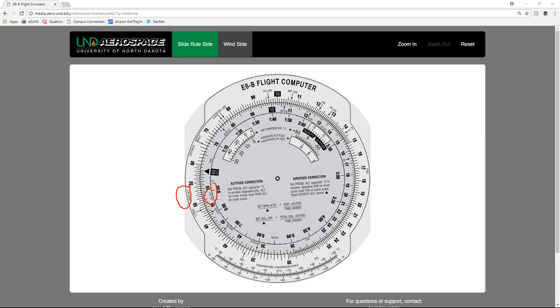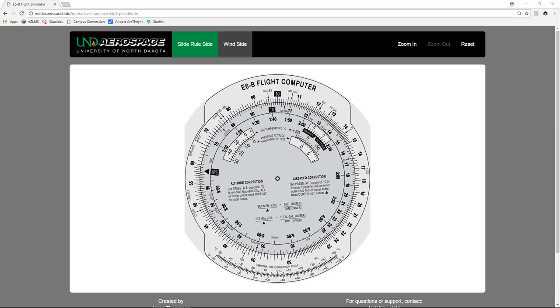Remember, calibrated altitude is your indicated altitude corrected for instrument error. For the sake of simplicity, and because the difference between calibrated and indicated altitude is very marginal, we will simply assume that calibrated altitude equals indicated altitude.